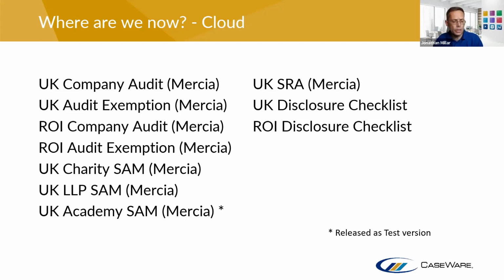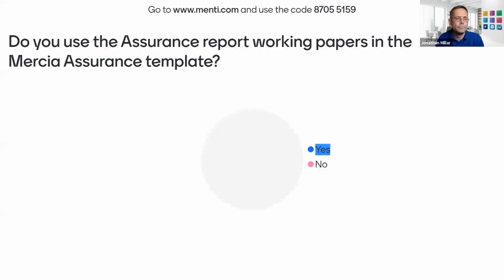So if you've got a browser open, if you could perhaps go to www.menti.com, and if you put in this code, 87055159, you should then be able to vote on this poll that we are asking.